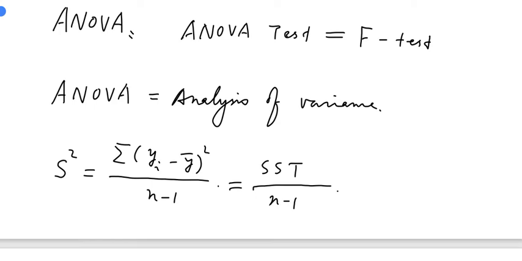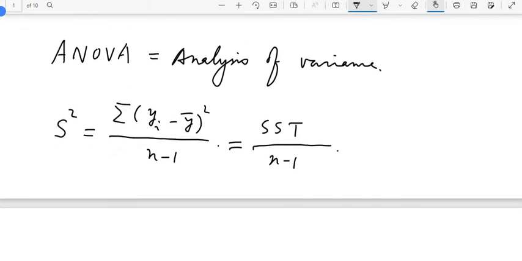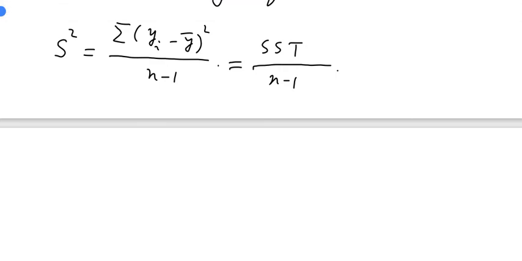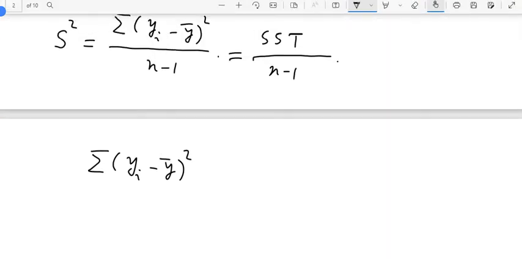ANOVA means we separate this SST into parts. SST is the summation of y_i minus y bar, squared. We can separate this in several ways.